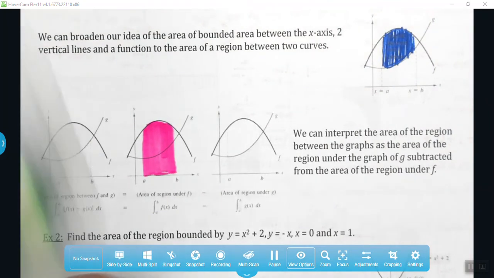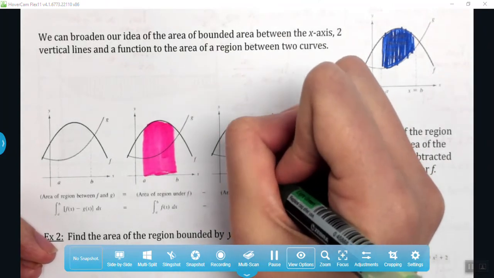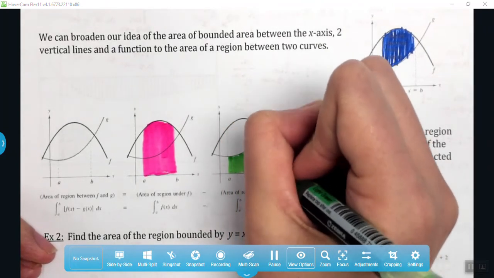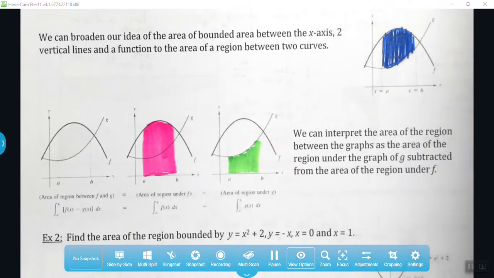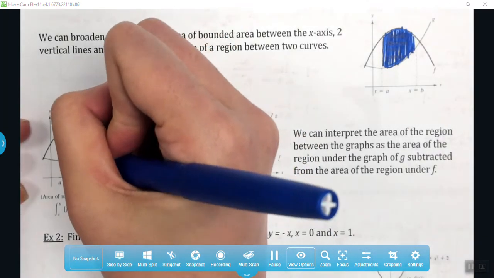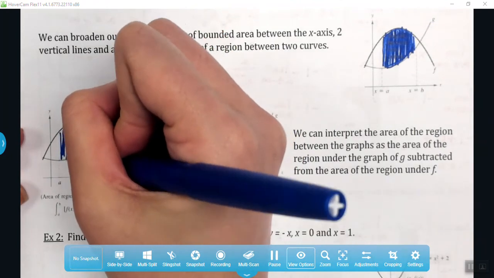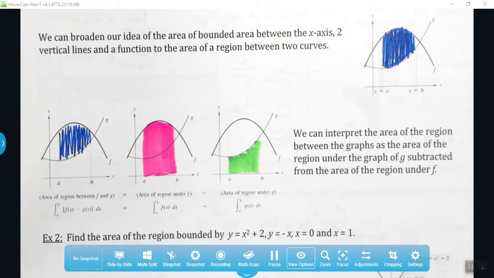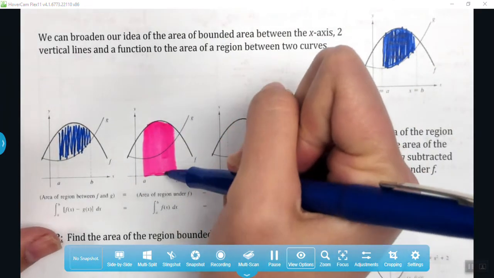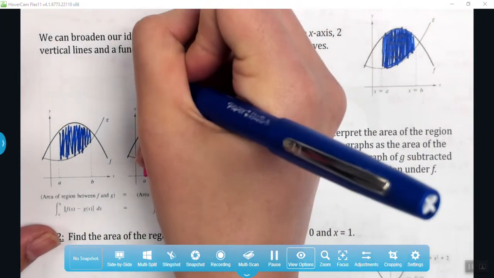And then you find the area from the bottom curve to the x-axis. And then you subtract them, and then you get the area that's left over in between. Easy peasy, right? Okay, what's the area from the top of this to down?